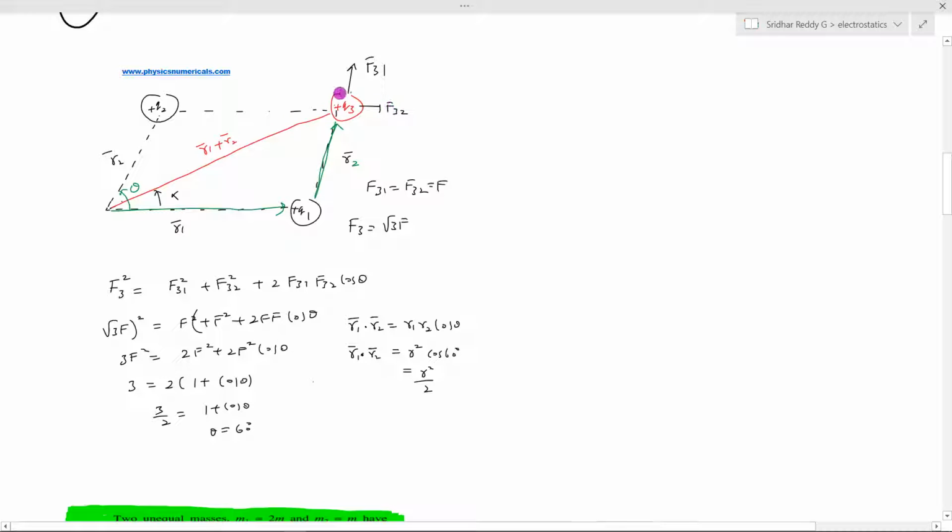Okay, then what you're telling is that this resultant force F3 should be equal to root 3 F. That was the data given. So we'll take the resultant of these two, the vector sum of F31 and F32. What is the angle between R1 bar and R2 bar? It is in fact theta.